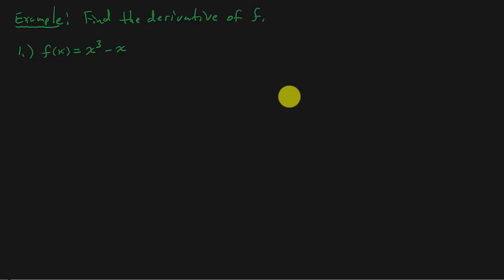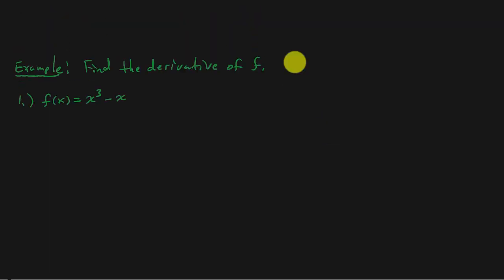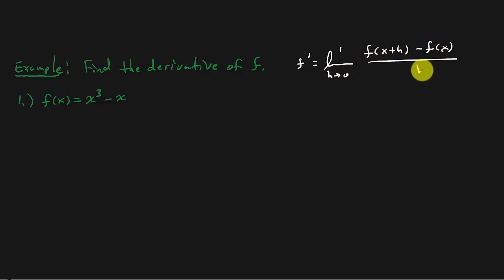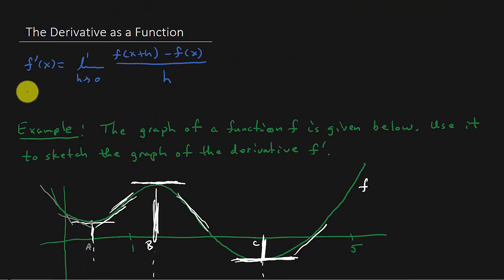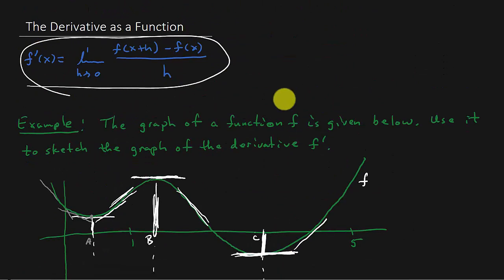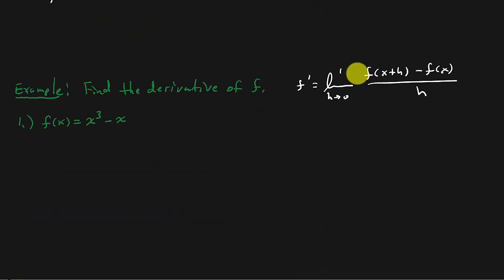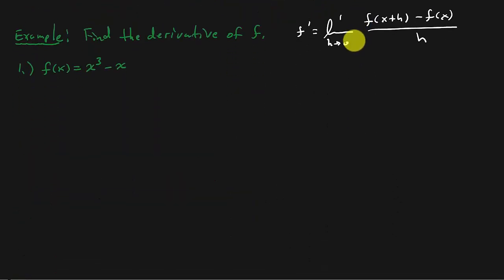To find the derivative, we're going to use f prime equals the limit as h goes to 0 of f of x plus h minus f of x, all over h. That's what we had up here. I just wrote it down again so we could see it.